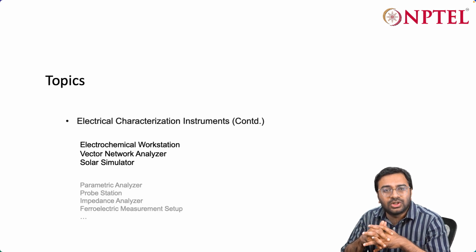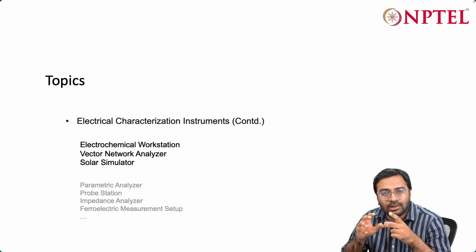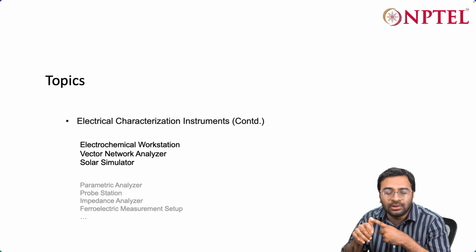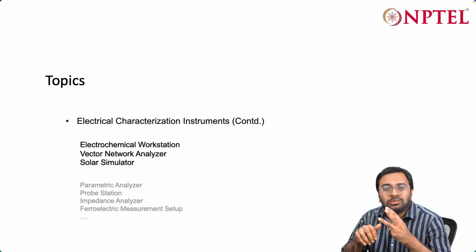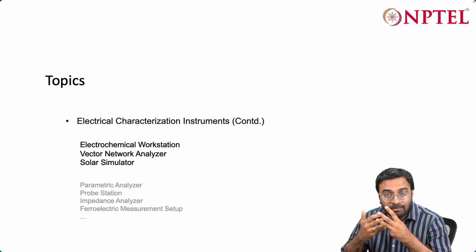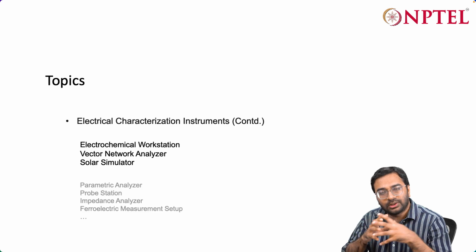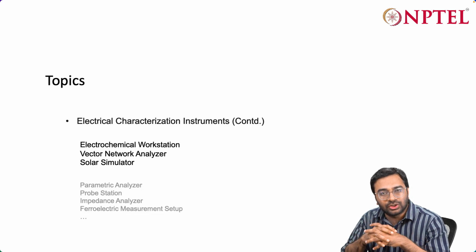Like the electrochemical workstation. This is an instrument which people usually use for electrochemical characterization. For example, if you want to do cyclic voltammetry, chronoamperometry, or even a simple impedance measurement, similar types of characterization you can do with an electrochemical workstation.